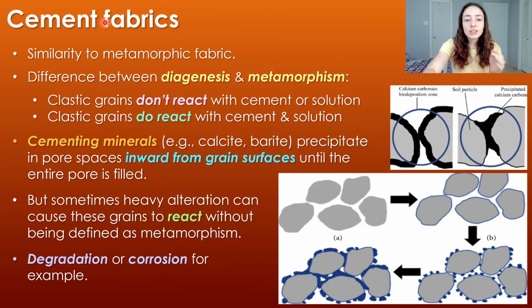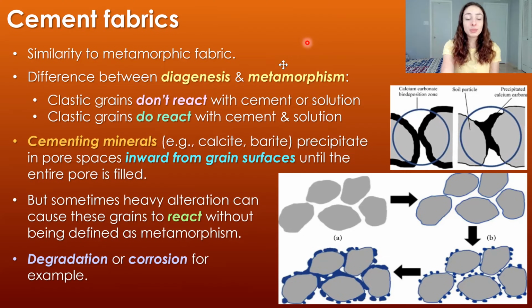And this is why the line between diagenesis and metamorphism is sometimes fuzzy, but we can draw a line if we say that clastic grains that aren't reacting with the cement or solution, basically the solution is precipitating out a cement in between the grains, but those grains themselves are not involved in the reaction, that can be defined as diagenesis, aka a sedimentary process. Whereas when conditions become so high temp and pressure that those clastic grains do begin to react with the solution and cement, then that can be defined as metamorphism.